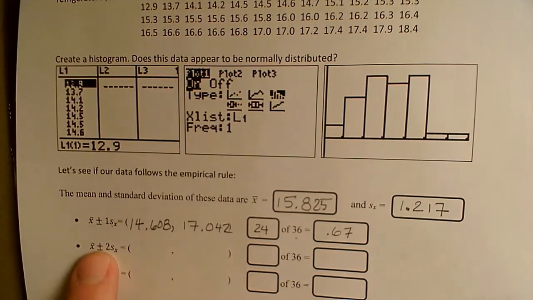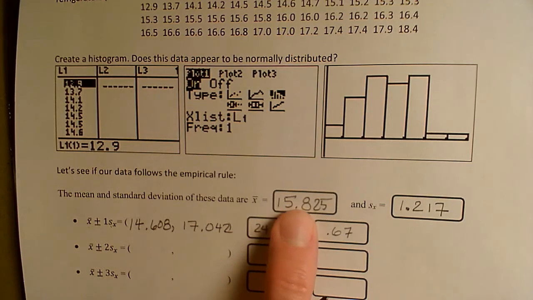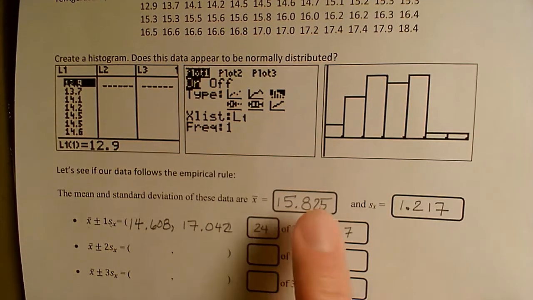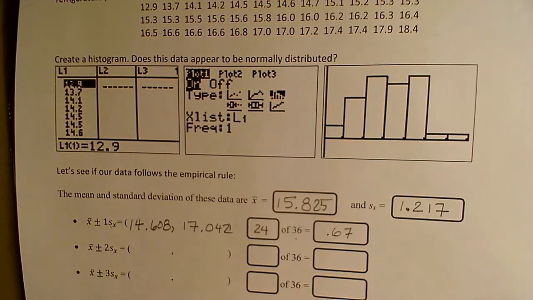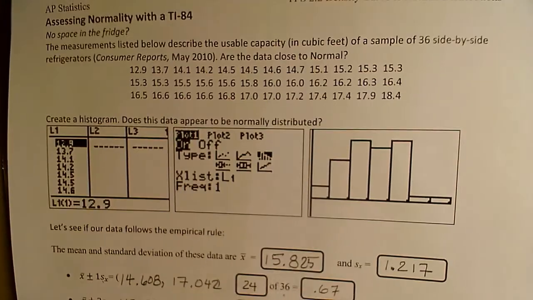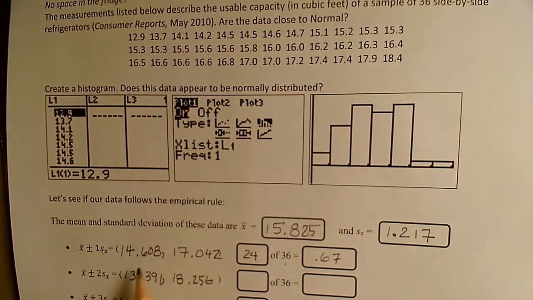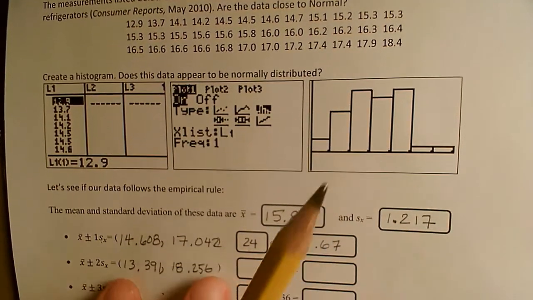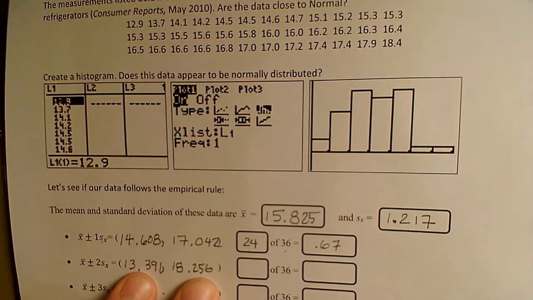Okay. And now let's do the same thing. Let's do the mean minus 2 of these and the mean plus 2 of these. And what would we get? 13.391 up to 18.256. So if we go through our data set and figure out how many of these data values fall between these two things, of course, we're going to get more, right?